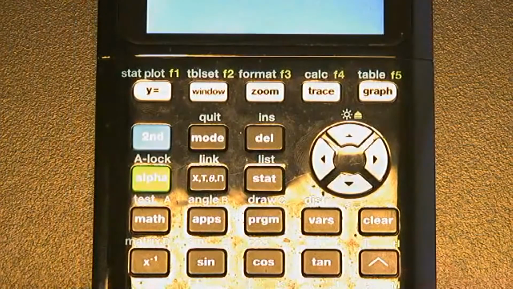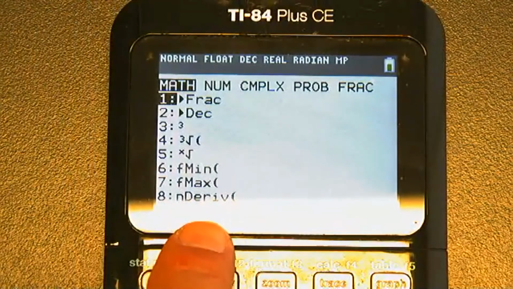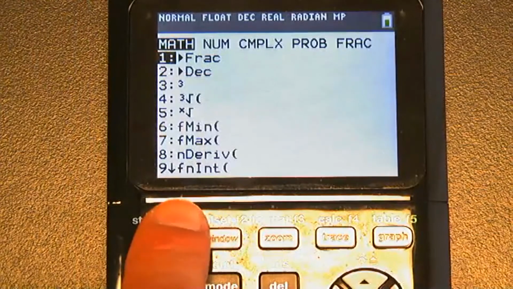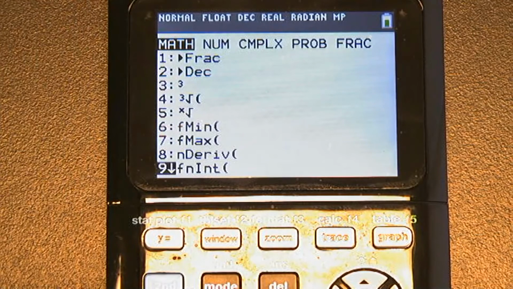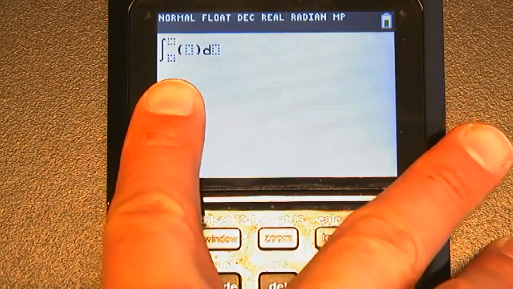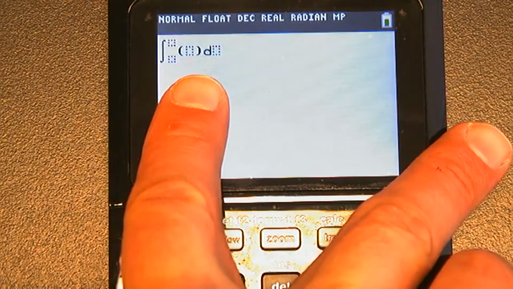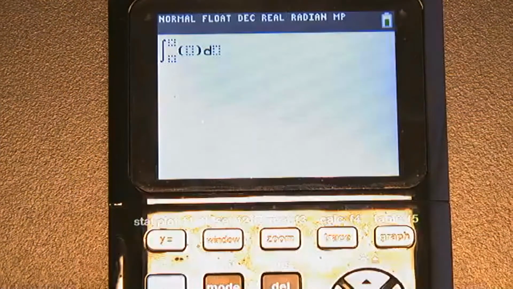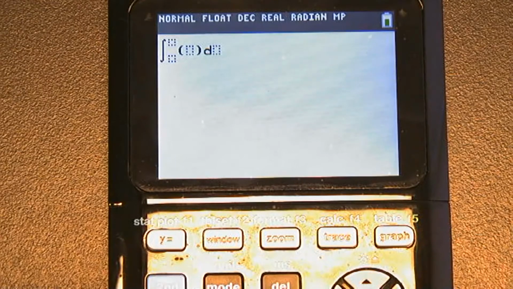Remember I said this in the last video, Math, number 9, can't see that, is the function integrate. So you can either scroll down to number 9 or you can just press the number 9 on your calculator. And my calculator has MathPrint on, so it looks like this. Oh, I forgot to insert. I should insert a pi before that, right?